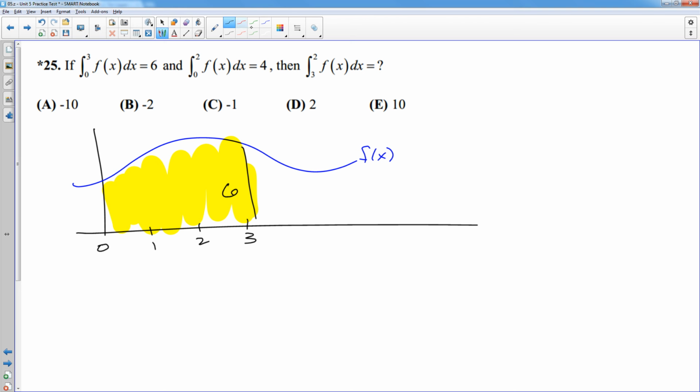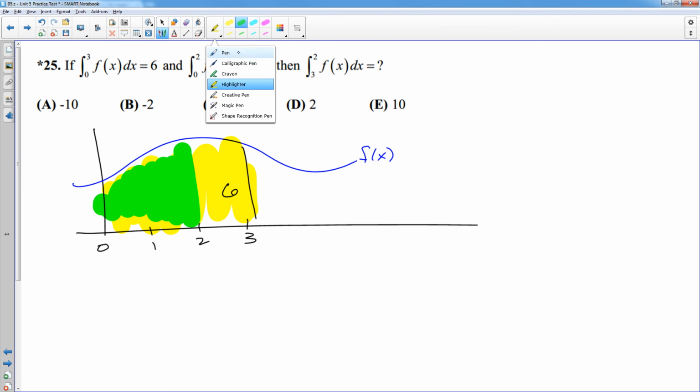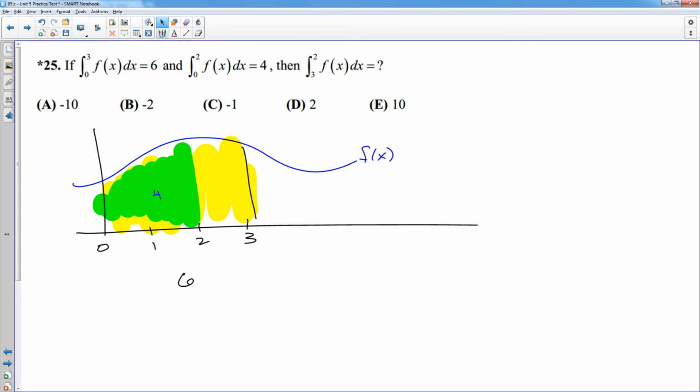Then you're told that the area from 0 to 4, I'm sorry, 0 to 2, so the area up to 2 is 4. So now I'm kind of confusing myself. So that's for the whole area. Let me see if I can move that 6 somewhere. The area from 0 to 3 is 6.